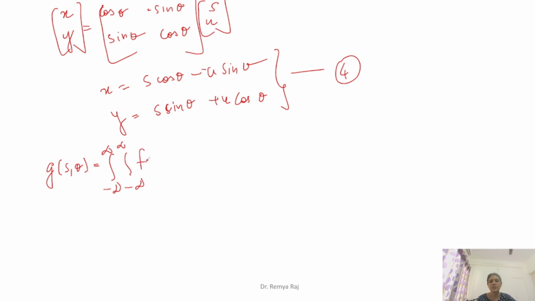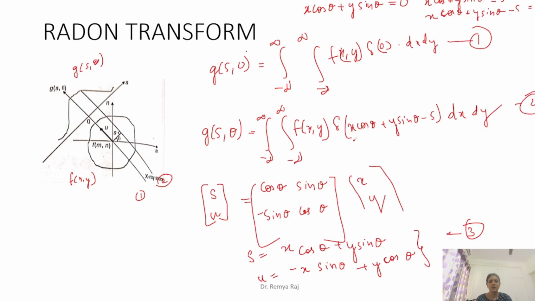Instead of x and y, I can write s cos theta minus u sin theta comma s sin theta plus u cos theta, into del of x cos theta plus y sin theta minus s.